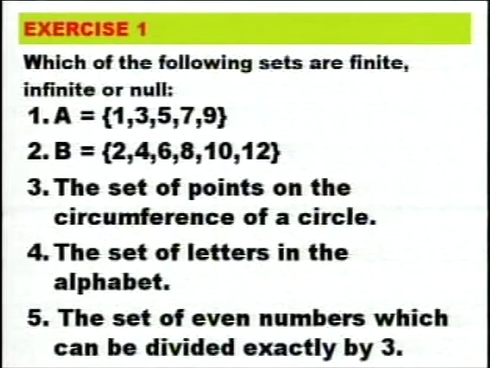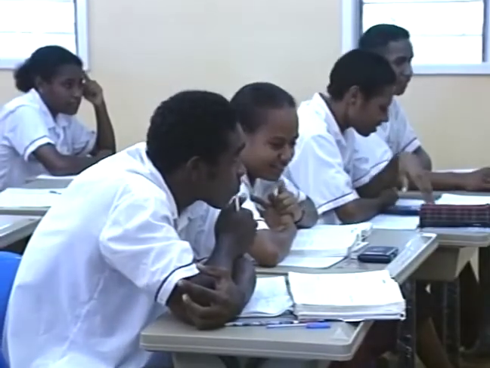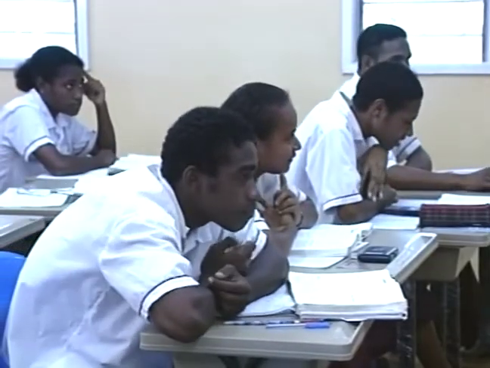Who thinks they cannot be listed? Daniel thinks they cannot be listed. Boromir, what do you think? Not sure. Garanama, what do you think?